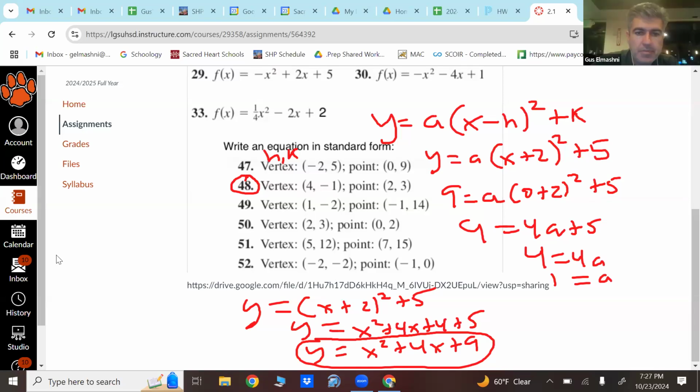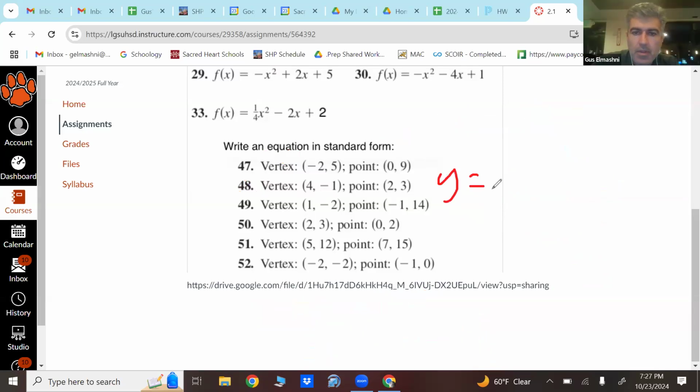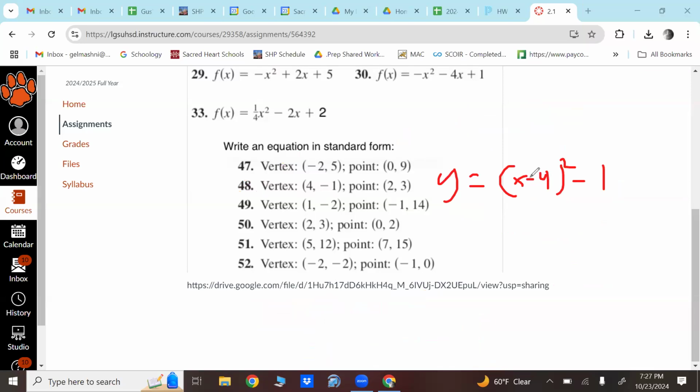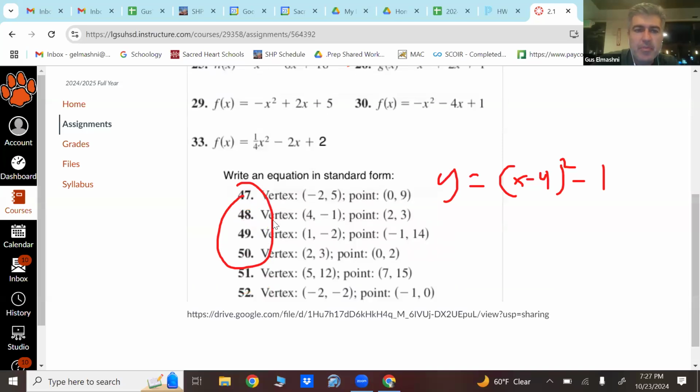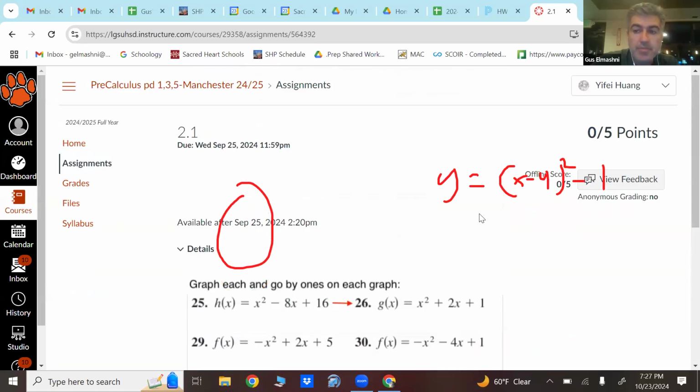Hold on. Yeah, so was your a value 1? Yeah. Good, you got it. Great. Okay. So you get the point what to do for the other 4. So again, we'll come back and do it if we have time at the end. But now you know what to do.